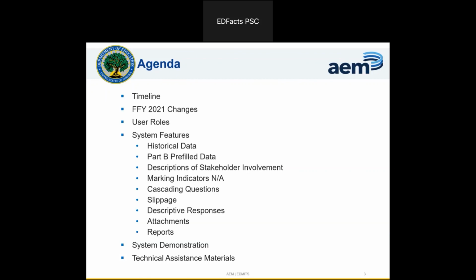Then we'll review a recorded system demonstration of Part B and some TA documents. And of course, throughout this whole presentation, we'll be answering any of your technical questions. Please note that this webinar is focused on the technical aspects of using the system. The Q&A panel will be monitored, and we will respond to questions that are technically related.